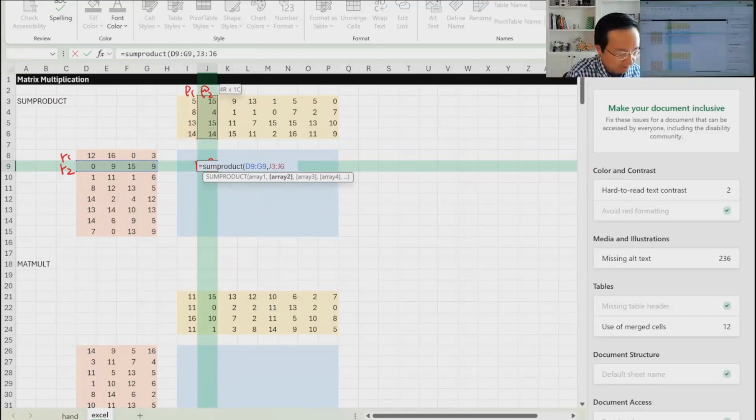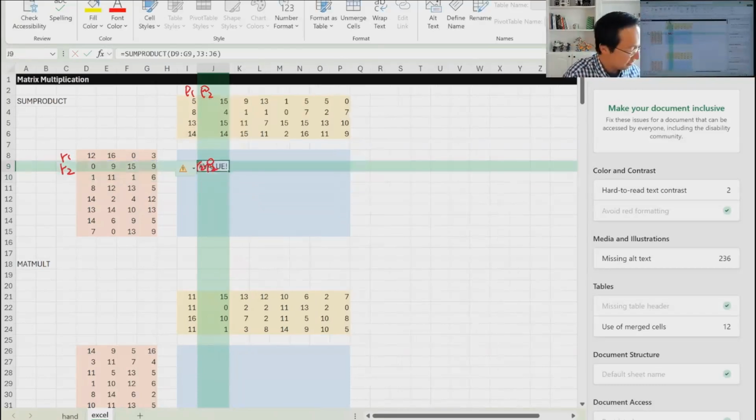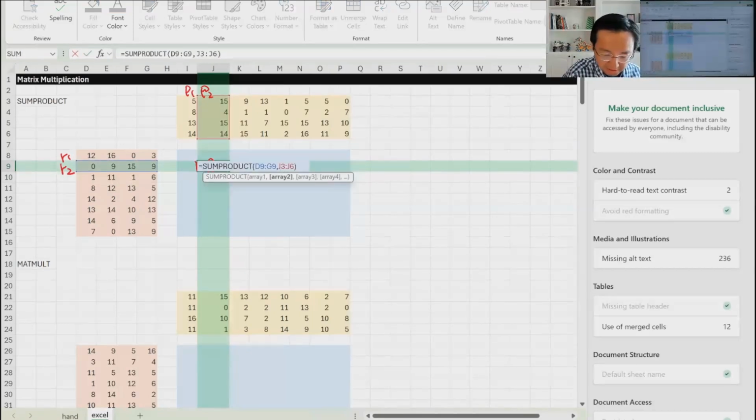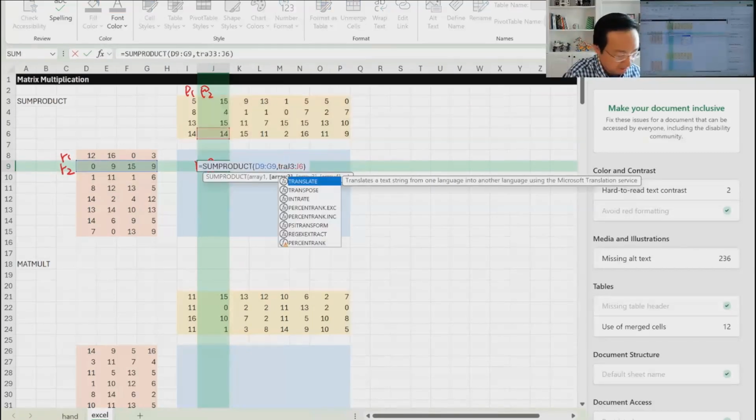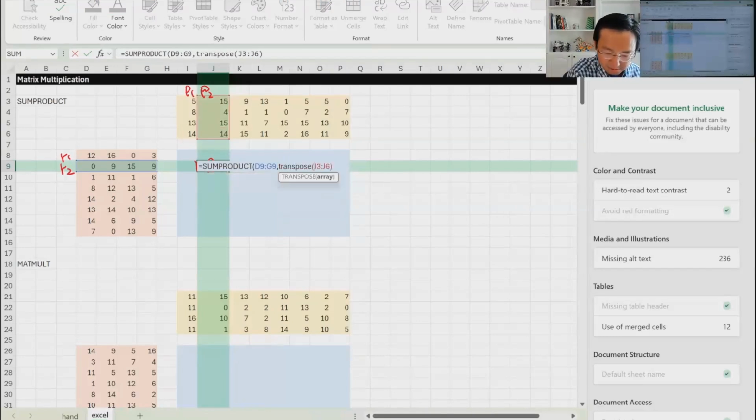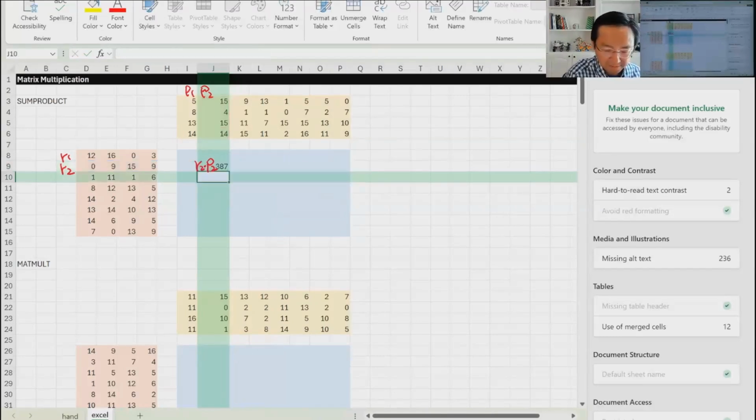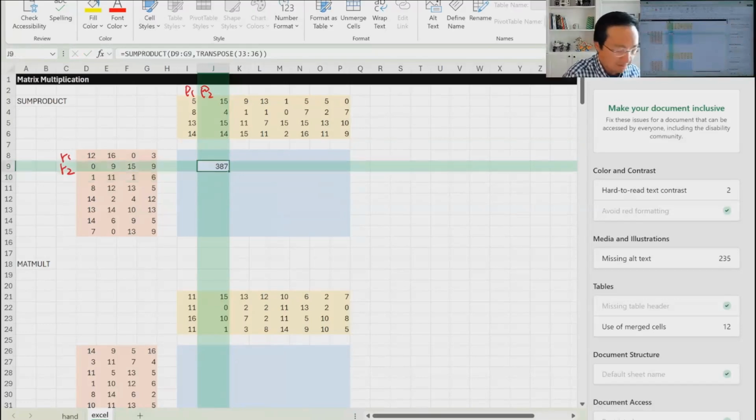So if I do this, it's going to fail. What I'm going to do is add a TRANSPOSE to my second one. Okay. And then we'll get this number. And then we're going to erase this so we can actually see the number. All right. And then we copy this over.